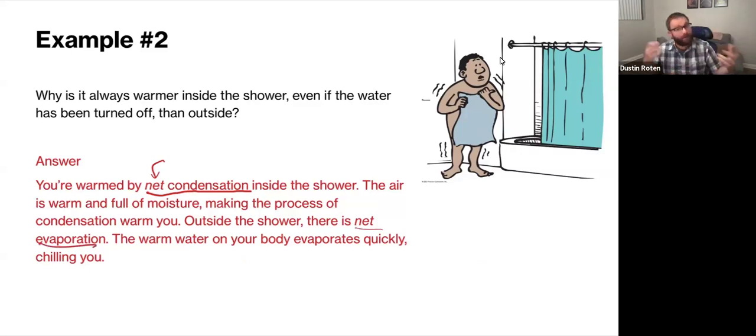Once you step outside, evaporation is a cooling process. Plus, you've got warm water, so that's high kinetic energy. That's going to leave quickly, right? So that's going to essentially chill you pretty quick. So just taking a shower, you get to see both sides of this. You get to see the condensation, and you get to see the net evaporation.